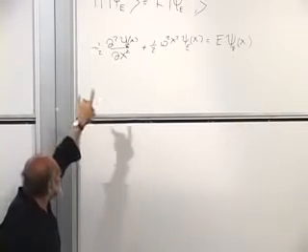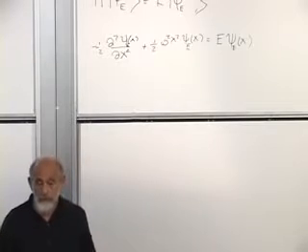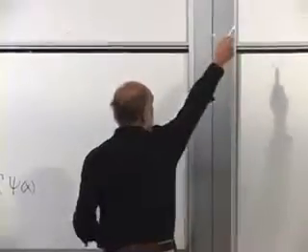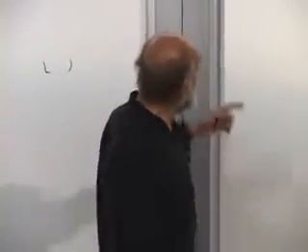Anybody know why you find two solutions for an equation like this? Because it's a second order differential equation. It has second derivatives in it, and whenever you have a second order differential equation, it requires two pieces of information to get a solution started. And so there are two independent solutions of an equation like this.